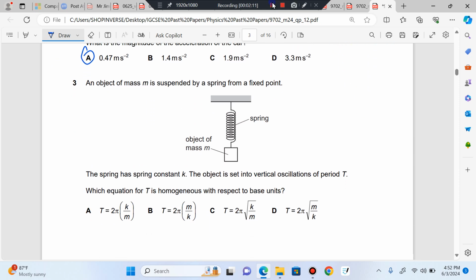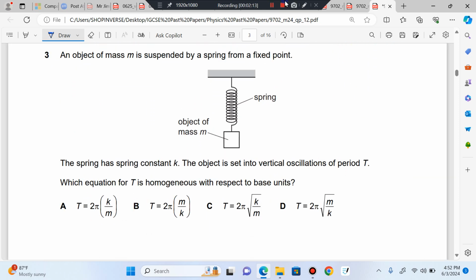Question number 3. An object of mass m is suspended by a spring from a fixed point. The spring has a spring constant k and the object is set into vertical oscillations of period t. Which equation for t is homogeneous with respect to base unit?